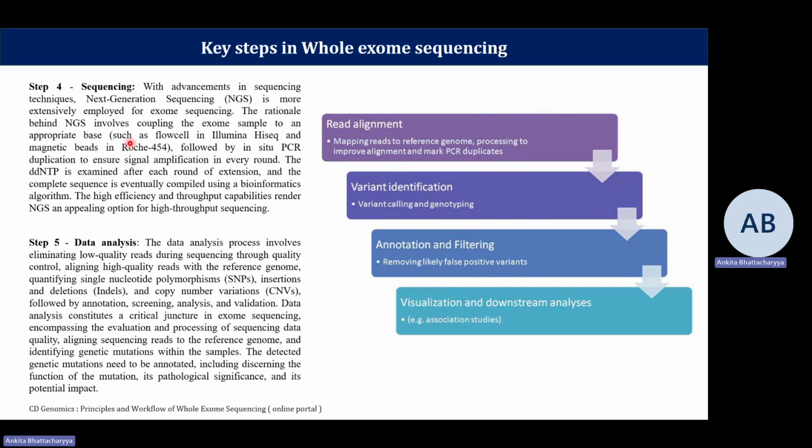The rationale behind NGS involves coupling the exome sample to an appropriate base, such as a flow cell in Illumina HiSeq and magnetic beads in Roche 454, followed by an in situ PCR duplication to ensure signal amplification in every round. The dNTP is examined after each round of extension, and the complete sequence is eventually compiled using an algorithm.